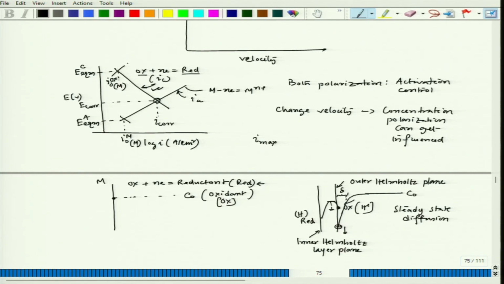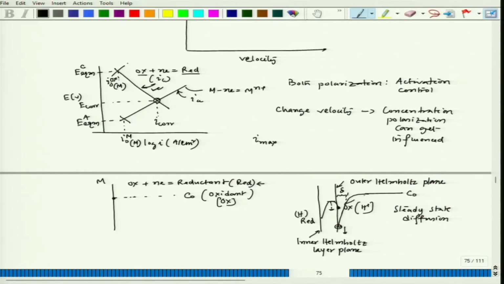Fine. Because of that, the current density corresponding to the cathodic rate process would gradually go up, and at some point we could see that the current density would reach a maximum, and whatever oxidant species comes to this particular interface will get reduced immediately.